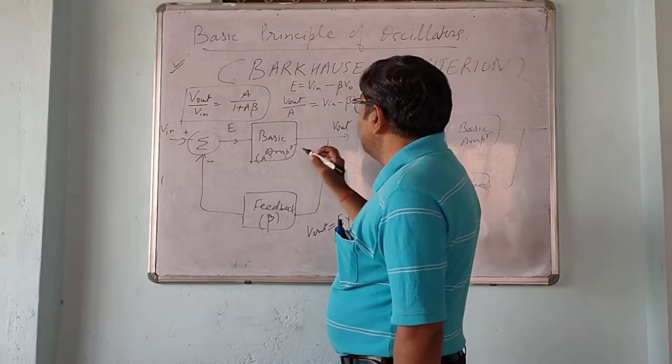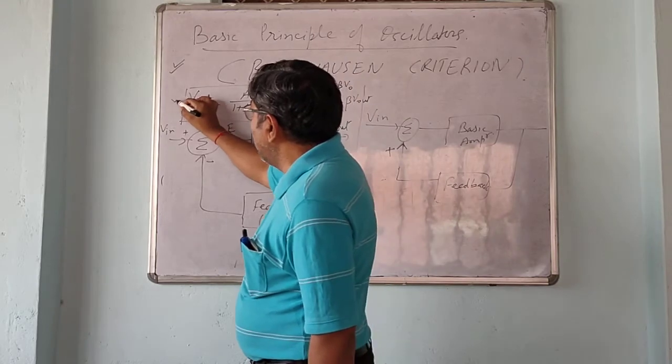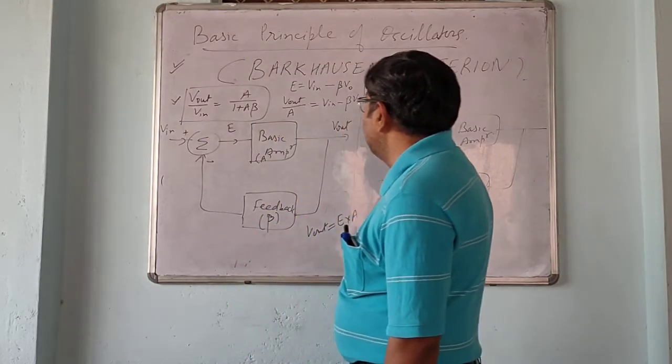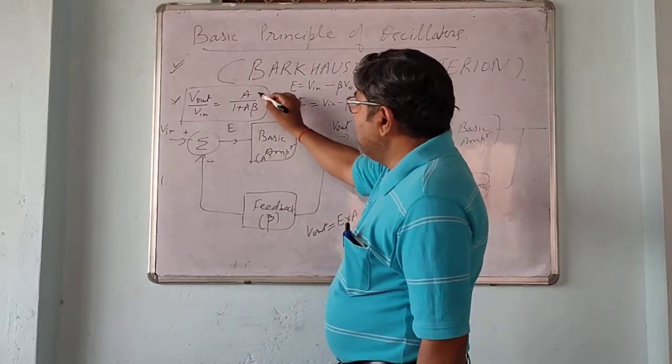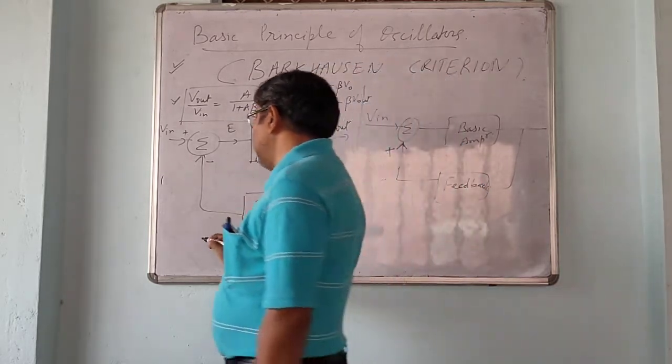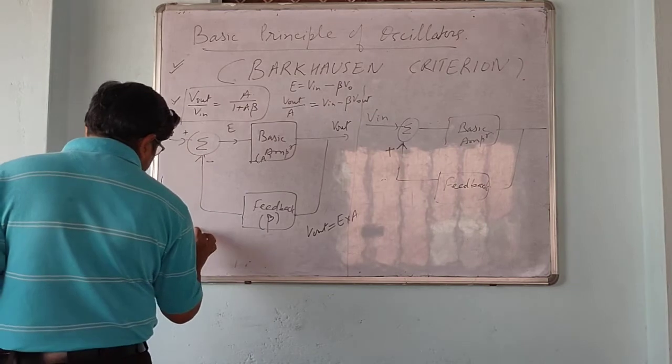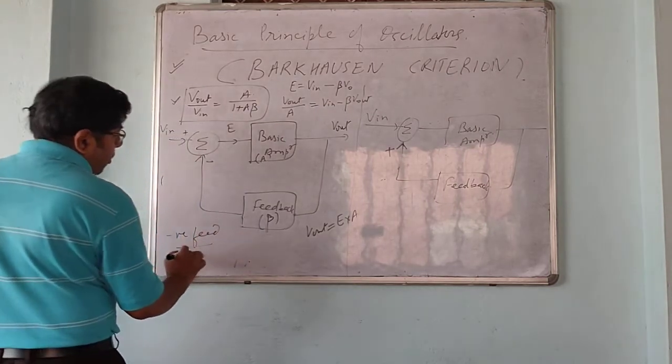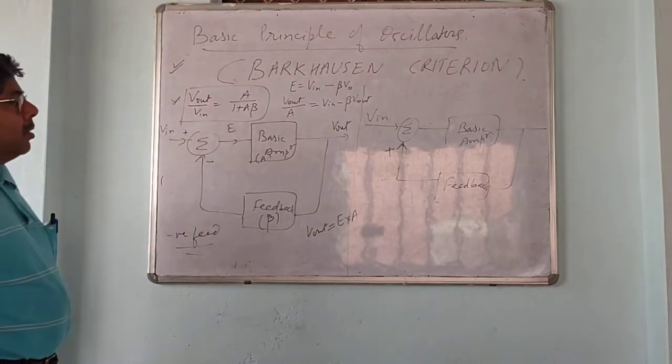So from here you can find out this ratio, output upon input is given by A upon 1 plus A beta for negative feedback. This is the negative feedback. This is used in amplifiers.